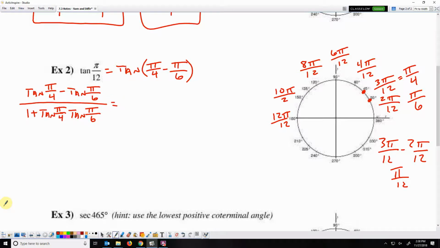So tangent is y over x. So the y value at pi over 4, right here. Second position up, the y value is root 2 over 2. The x value, we're in the second position out, so it is also root 2 over 2. So for tangent pi over 4, I've got root 2 over 2, the y value, over root 2 over 2, the x value.